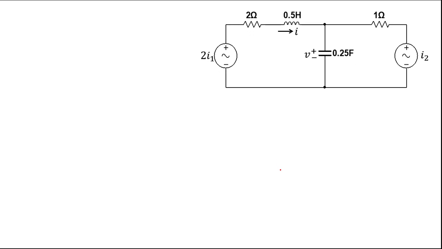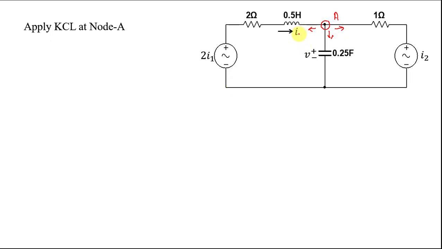Let us consider again. Apply KCL at node A. Suppose this is your node A. At this node the voltage is V. According to KCL, all the outgoing currents should equal 0.